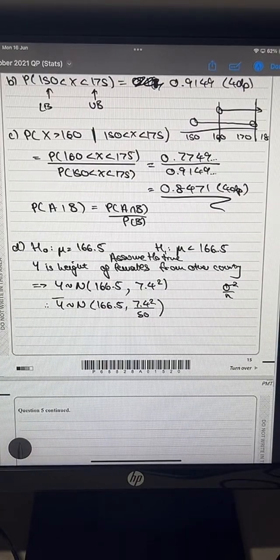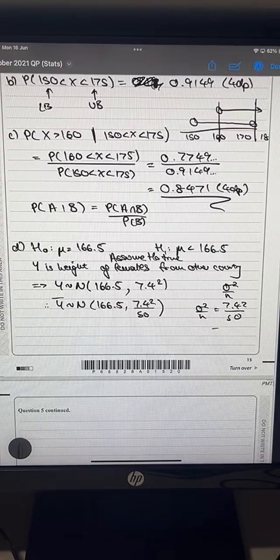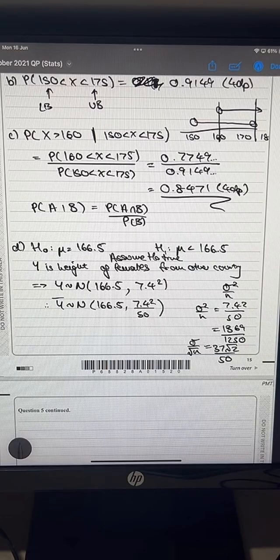What I like to do is write sigma squared over n equals 7.4 squared over 50, which is 1369 over 1250. And then I like to write down what sigma over the square root of n is, because this is what you're going to put into your calculator. Square root this answer, you get 37 root 2 over 50. Do not be put off by obnoxious numbers.